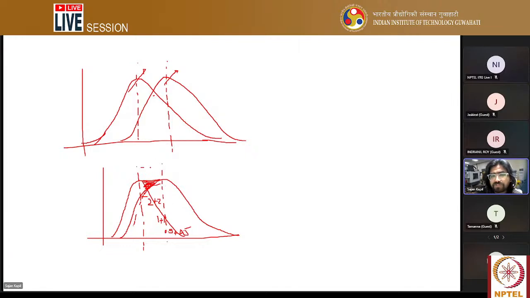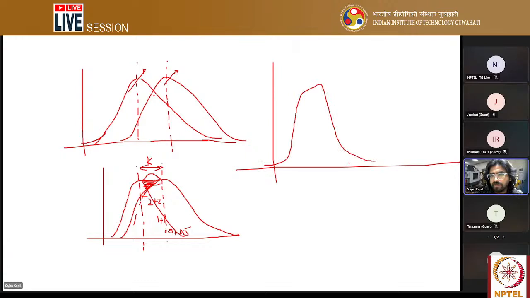Now, if this distance K, which is proportional to it, becomes smaller and smaller, what will happen? This will bulge out. There will be a time that the energy which is getting summed up on the overlaps will be even higher than the peaks, and hence it will bulge out like this. And if the two passes are too far away, maybe the first is here and the second is really far away like this, the overlap energy will not be much, so there will be a small hump here, but a big valley here.